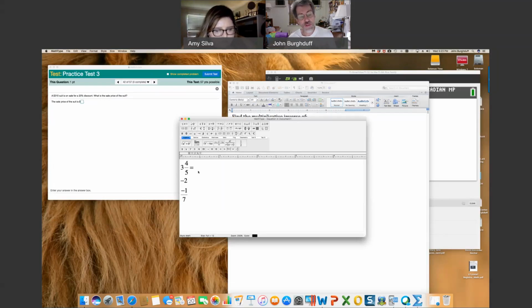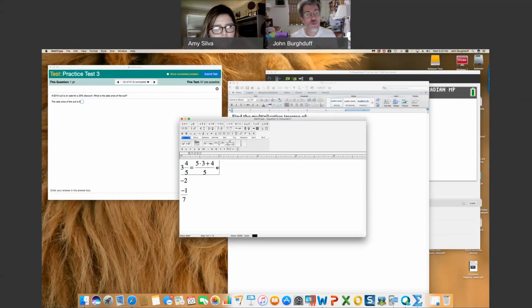So you're going to do the trick of taking the 5 times the 3 added to the 4, where you take this number times this number plus this number, and write that over 5. So 5 times 3 plus 4.